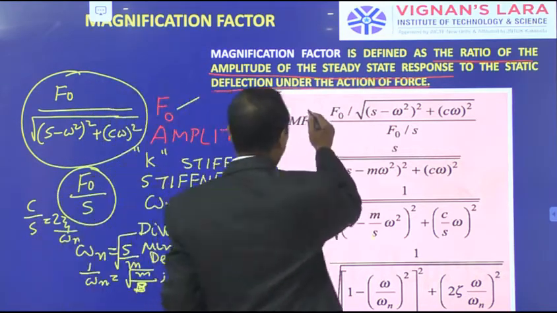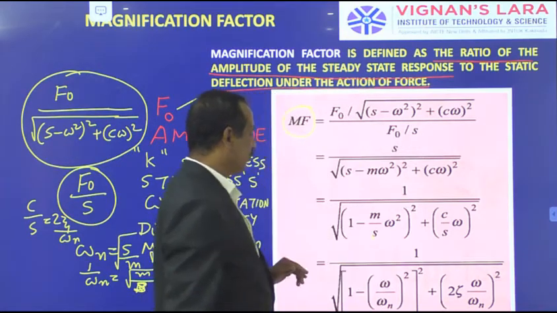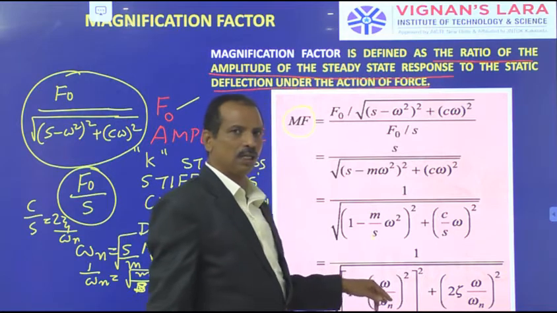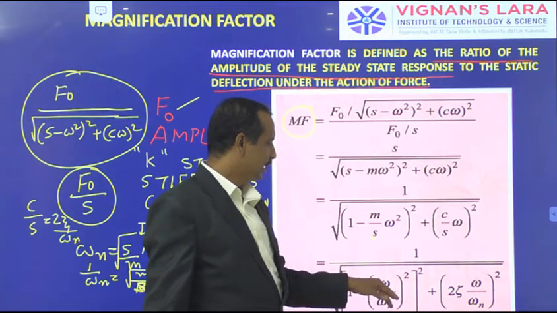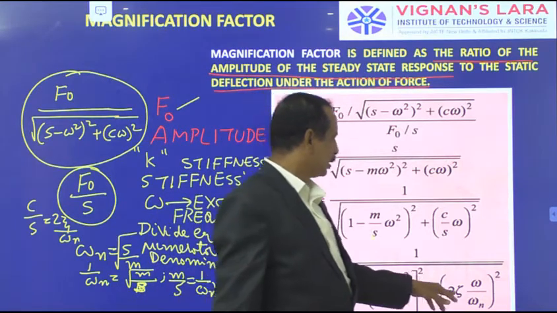You can see in the final equation for the magnification factor, we have only terms related to the frequencies, that is the excitation frequency and natural frequency, and the damping.